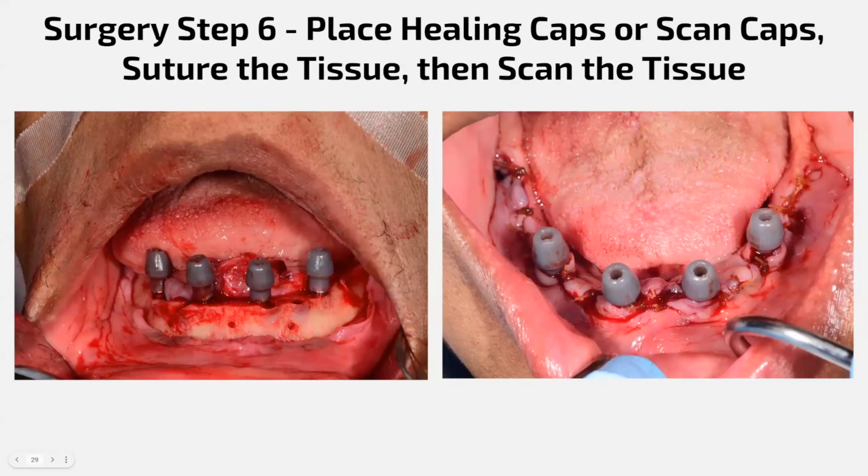At that point, you can remove your OptiSplint and place your healing scan caps, which are the healing scan caps that we include in our kit now. Once they're in there, you can screw them on. You're going to use the same OptiSplint screws that you use on your OptiSplint to screw these on.